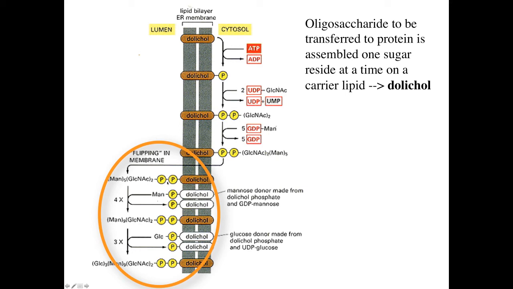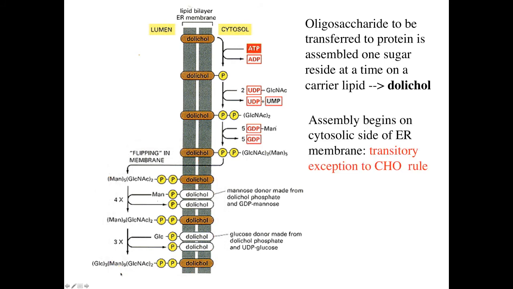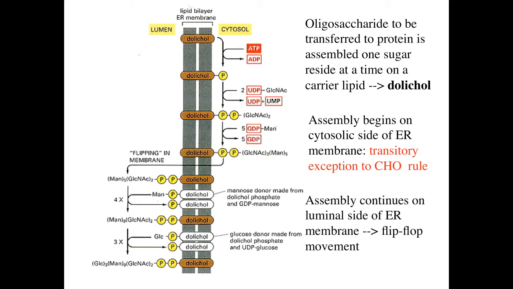So you get the additional sugar residues added on the luminal face of the ER. So, what have I just said? Assembly begins on the cytosolic side of the ER membrane. This is a transitory exception to the rule where carbohydrates point away from the cytosol. Assembly continues on the luminal side of the ER membrane because of the flip-flop of this Dolichol molecule.